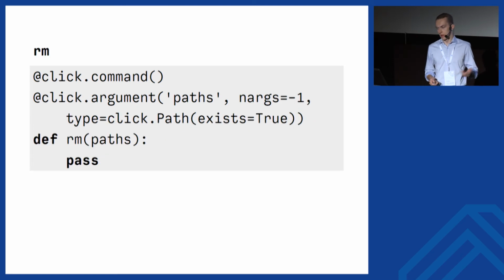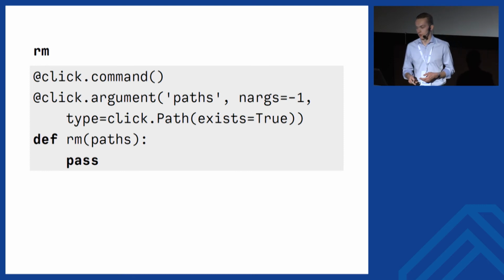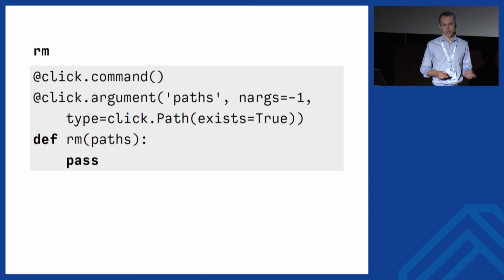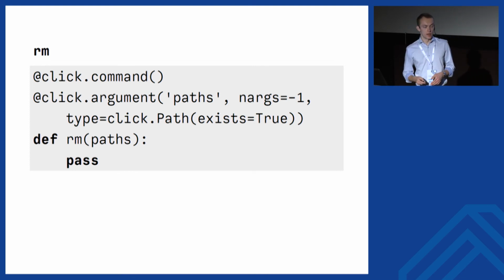And in rm you want to have, for instance, just a list of paths. So you can explicitly say how many times you want the user to give this argument. For this you're using the nargs parameter, and if you set it to -1, it means you allow the user to pass as many arguments as they want.